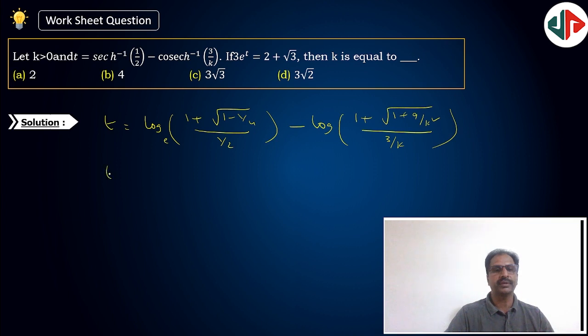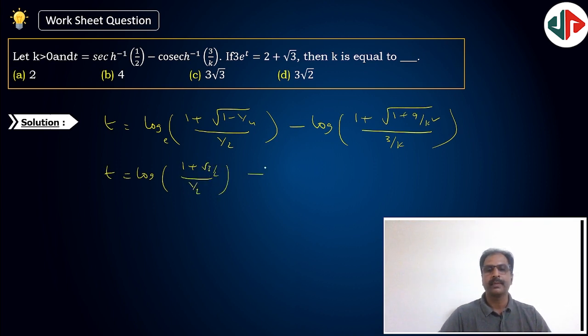Now let us simplify this. Root of 1 plus 3 by 4, root 3 by 2, by 1 by 2, minus log of, after taking LCM, you will get (k plus root of k square plus 9) by 3. That k gets cancelled.